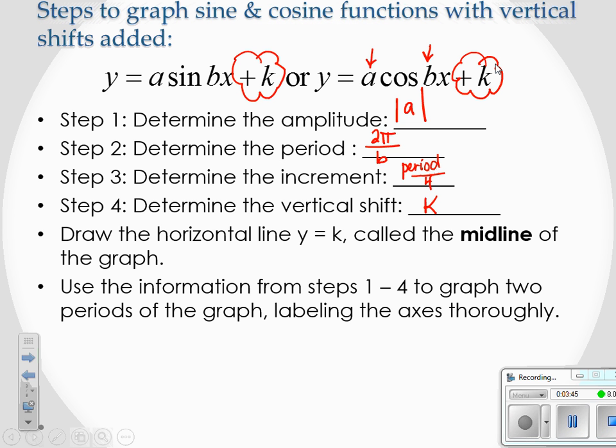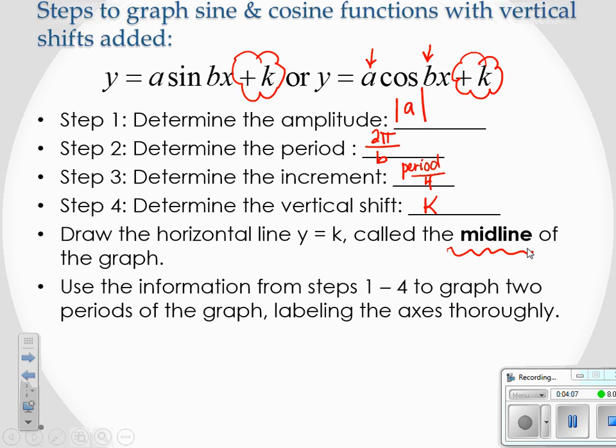Remember we talked about the midline always being 0, the x-axis? That is the case if there is no vertical shifting. So we must know how to find and identify the vertical shift so that we can find our new midline. Okay? So let's go through a couple of examples.